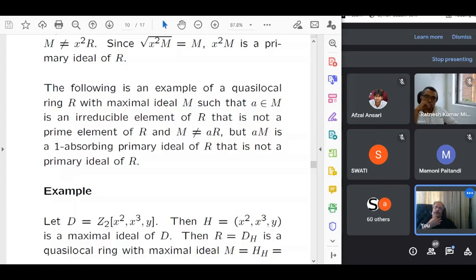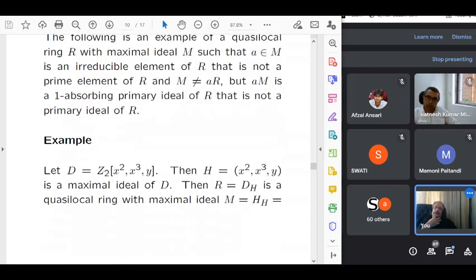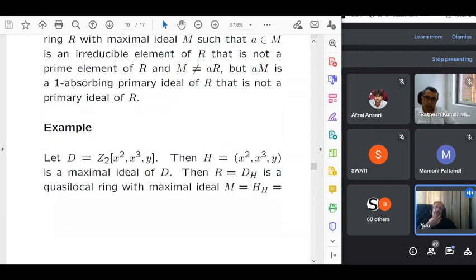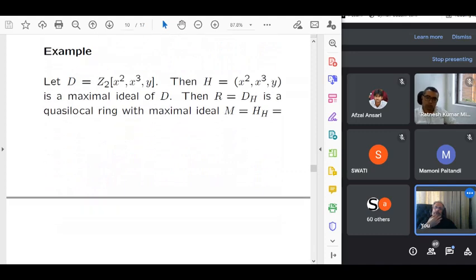So I start giving examples. What if I select a reducible element instead of a prime element? Because we know every prime is irreducible, in an integral domain, of course. So maybe this is what I was looking at.